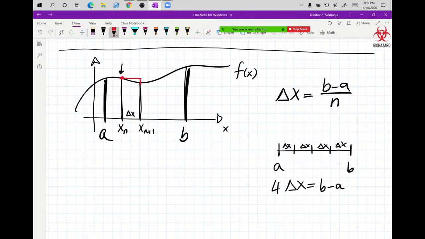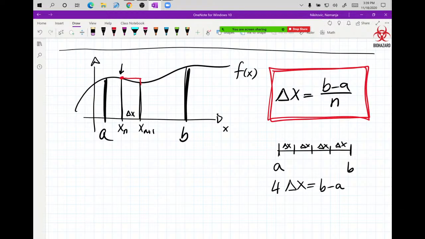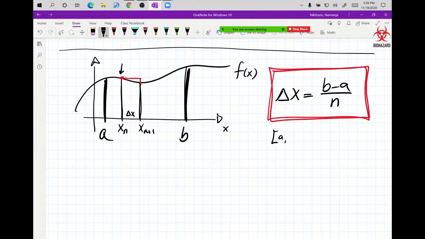Technically, this is your formula for delta x. So now I can say use 3 rectangles, use 6 rectangles, use 17 rectangles, in which case your n becomes the number of rectangles, and ab is the interval.